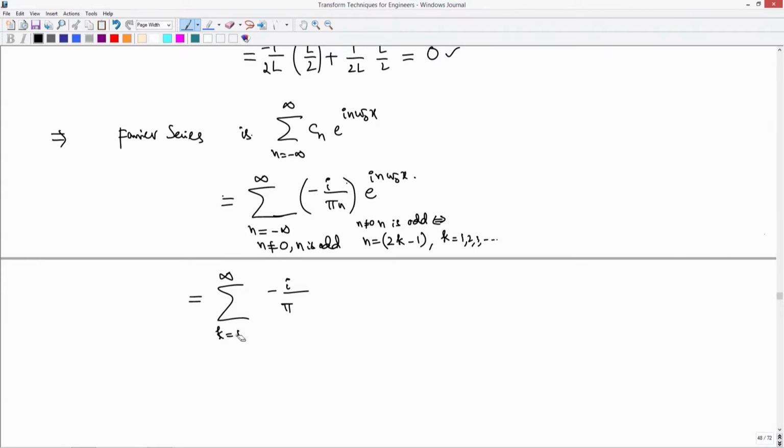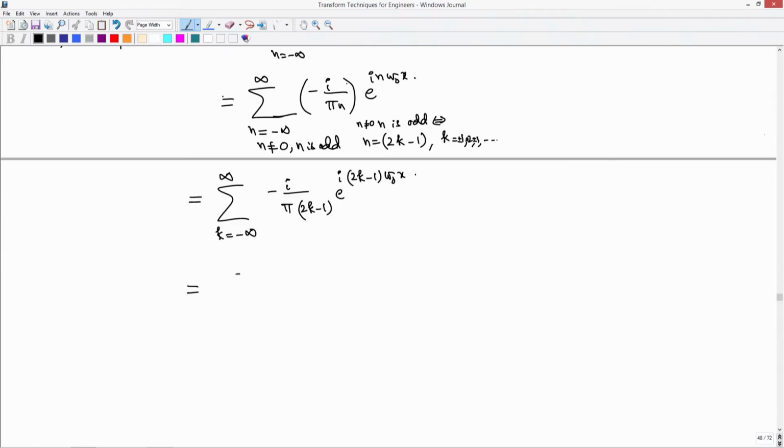In fact, minus infinity to infinity, plus or minus 1, plus or minus 2 and so on. This is still odd on both sides. So, you have 2k minus 1, e power I (2k minus 1) omega naught x, omega naught is 2 pi by L.